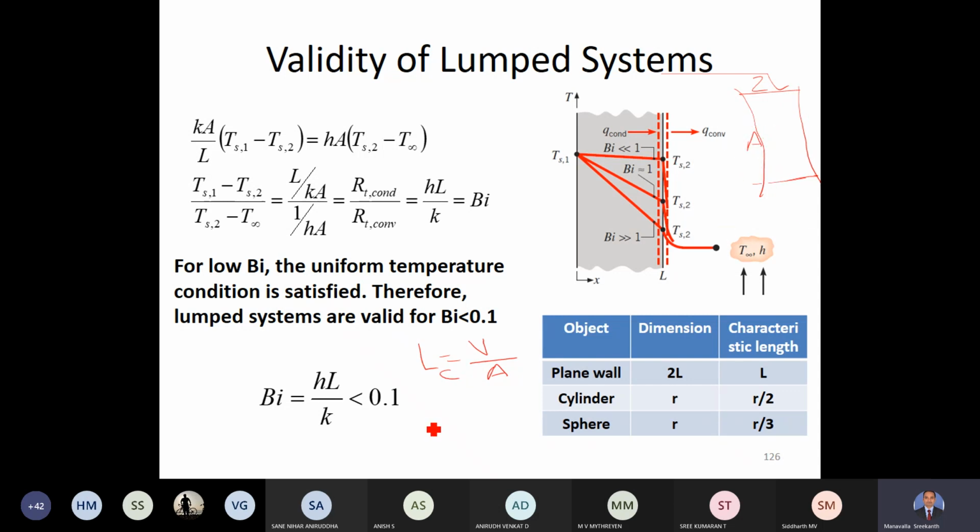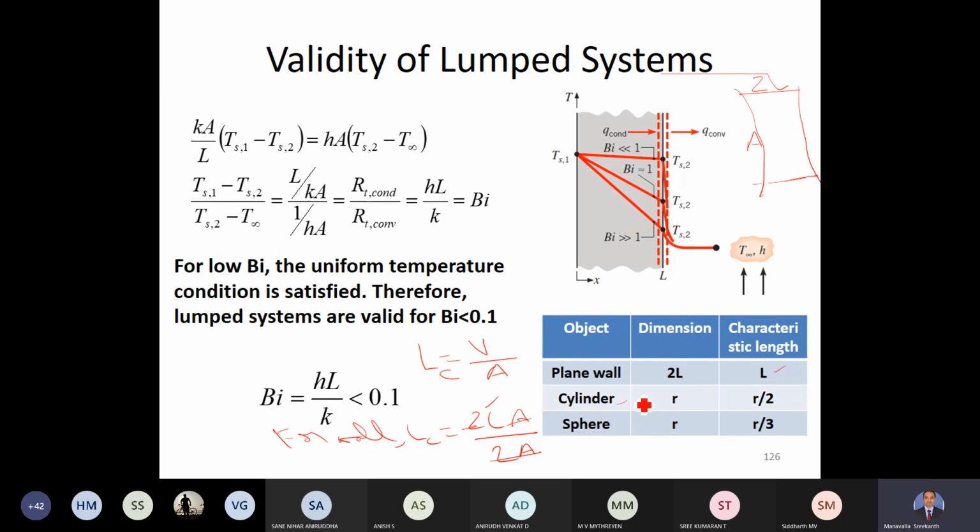So the volume of that will be 2L multiplied by A. So for the wall, characteristic length is volume, 2LA, divided by the total area available, this side and this side, 2A. So this 2A and this will cancel and L will remain. So this is L, the characteristic length.